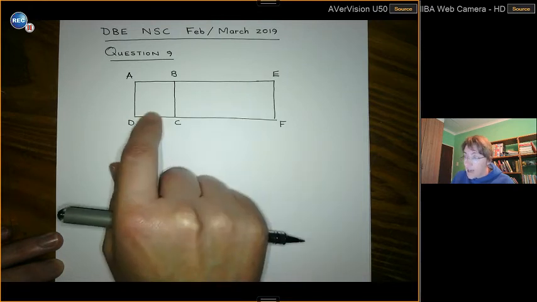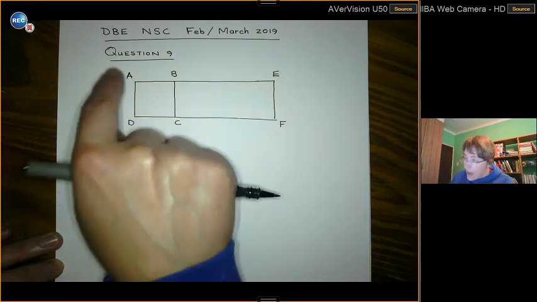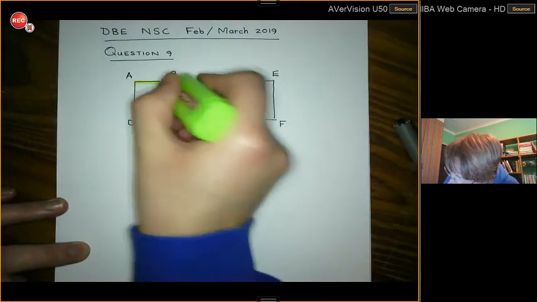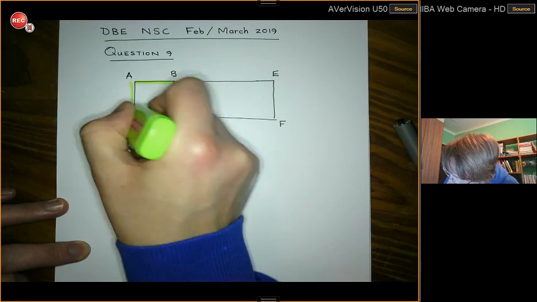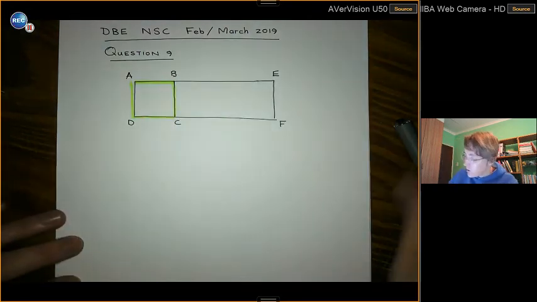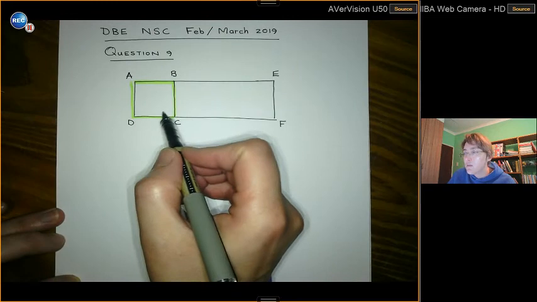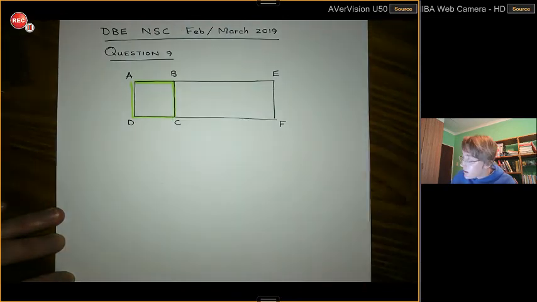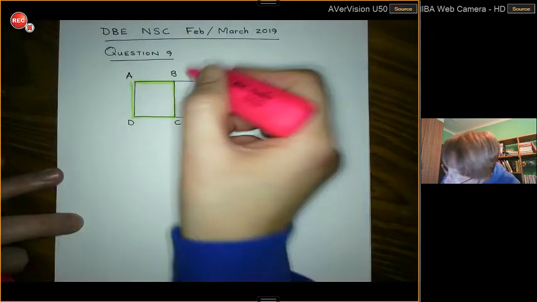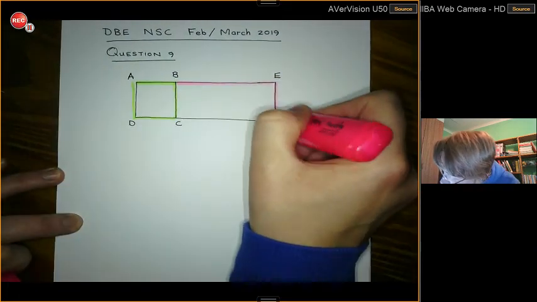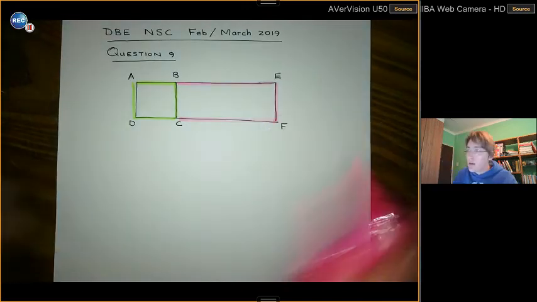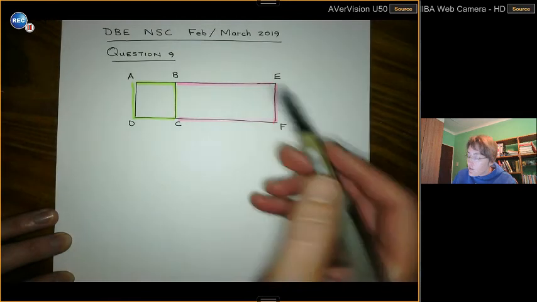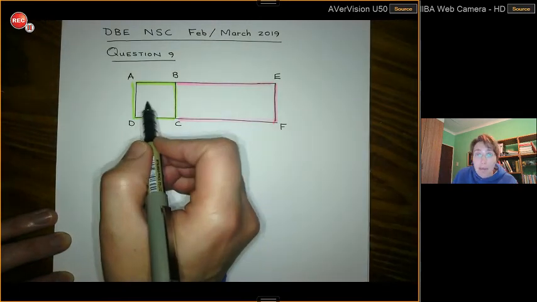One piece, which is x meters long, is bent to form the square ABCD. So this square right over here, if I highlight it, is formed using that x meter long wire. Then the second piece of that wire is bent into what they call a U shape, like this, and then it forms the rectangle BEFC if it's placed next to the square ABCD.